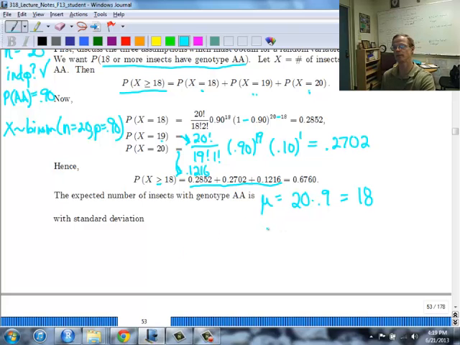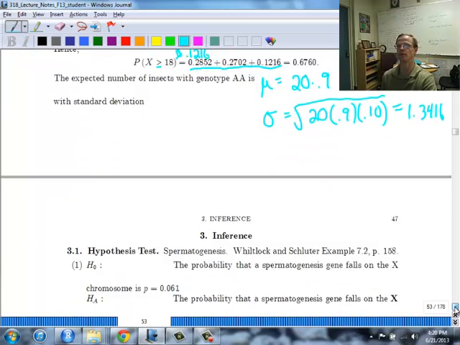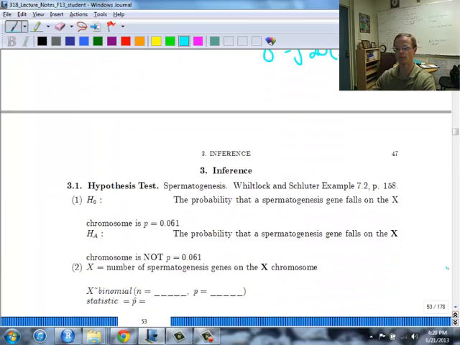That may be interesting, but it's because there's plenty of chances to get the other possibilities. So the standard deviation, when we run that calculation, is 1.3416. Okay, so we've got our mean and standard deviation, and that concludes our binomial probability distribution example.